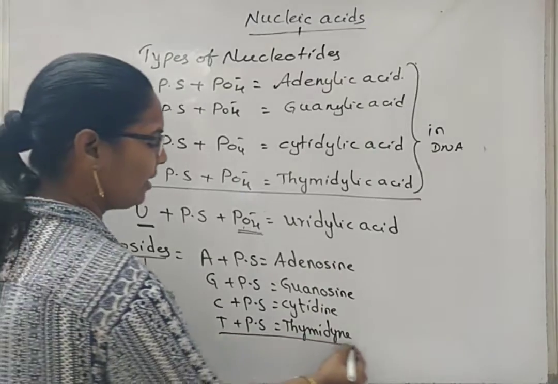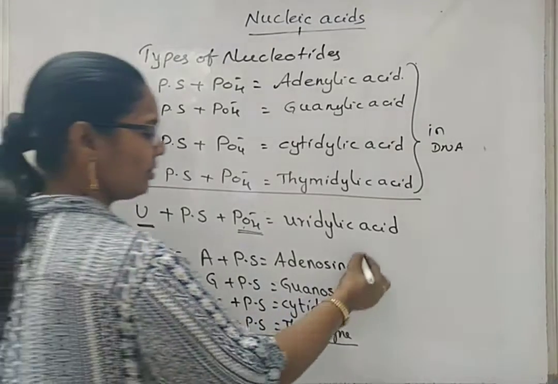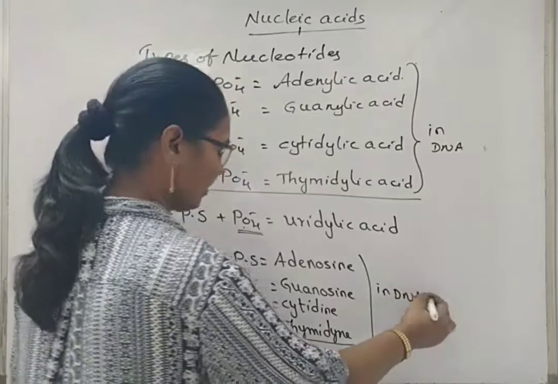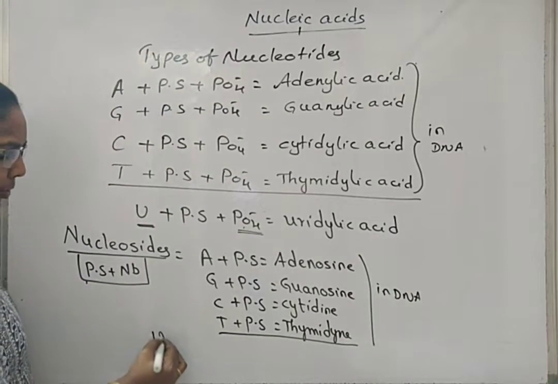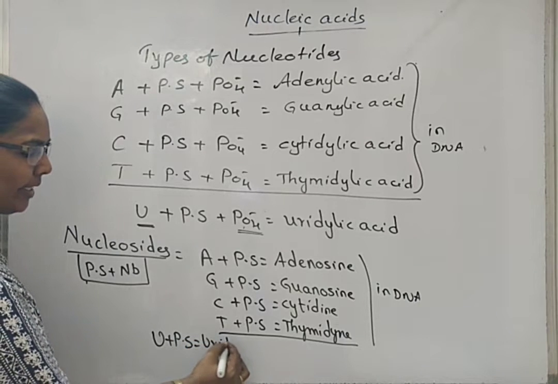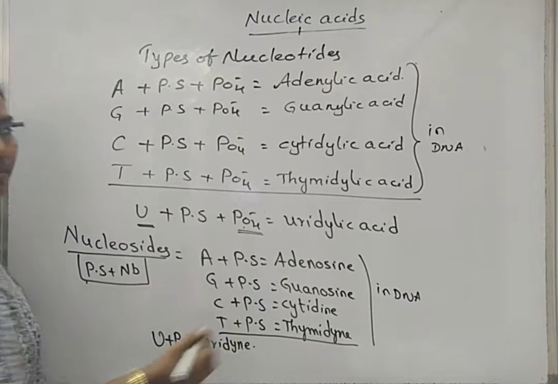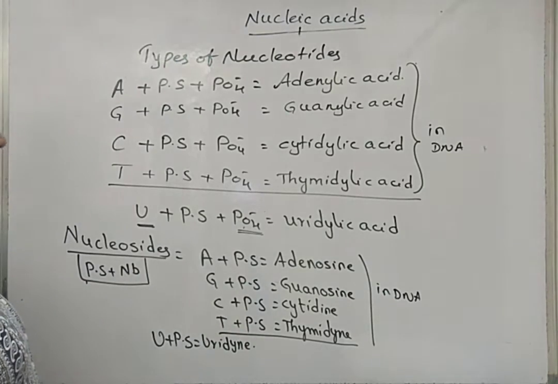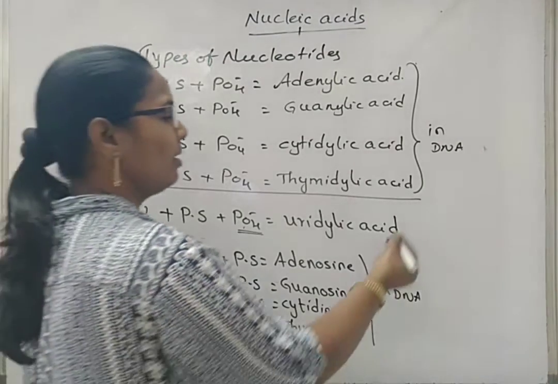In the same way, these four are in case of DNA. Next, uracil plus pentose sugar, uridine. So these are nucleotides and nucleosides.